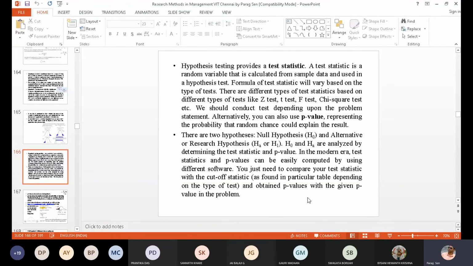But if your p value is greater than 0.05, then the conclusion is that you do not reject your null hypothesis. That means there is not enough evidence for whatever you are proposing in the research or alternative hypothesis, not enough evidence that the population mean has changed.